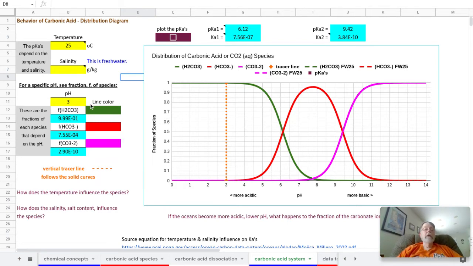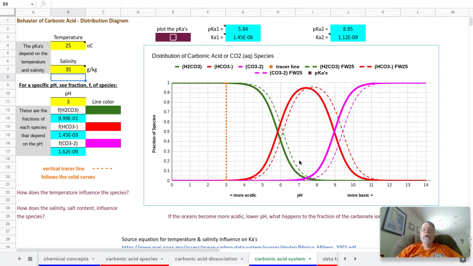We can look at this. We can change the pH. We can get salinity in to see the effect of what it does to the dissociation, and it shifts it by changing. So now we've moved over. If we look at pH 3, we're still dominated by carbonic acid. If we change that to 5, we're now getting bicarbonate ion.